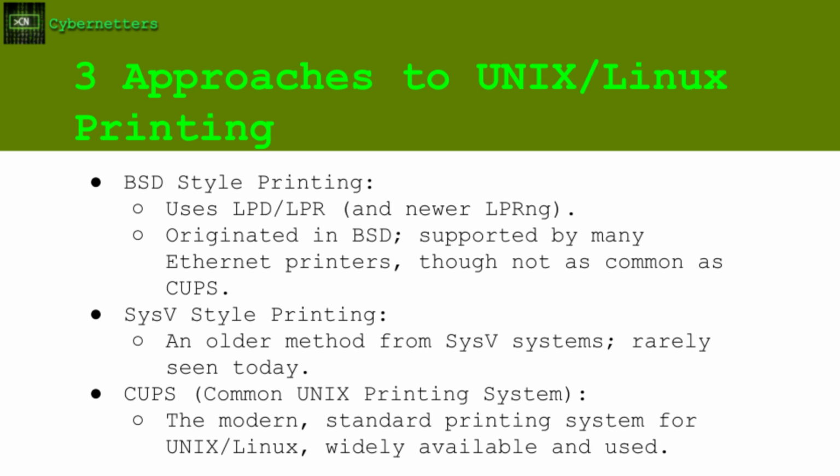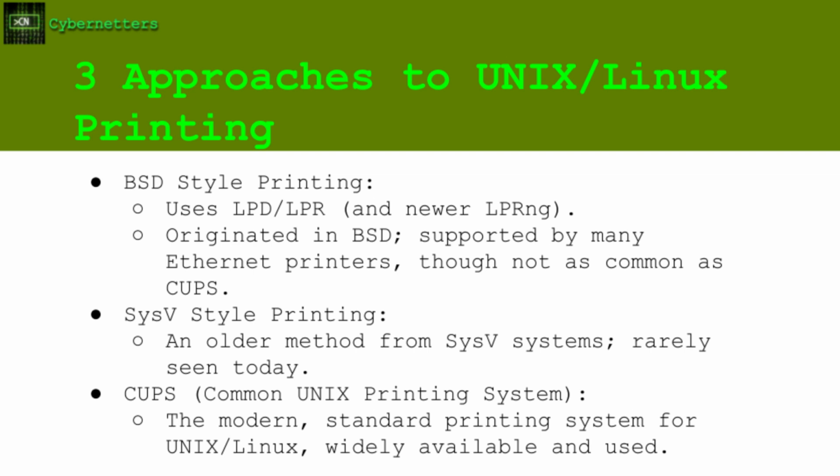This approach originated in BSD Unix and is still supported by many networked Ethernet printers, but it's not as commonly used today as the other systems. We also have the SysV style of printing, which comes from System V Unix. It was once widely used, but today it's mostly obsolete. You might still encounter it in legacy systems, but for the most part, it has been replaced.